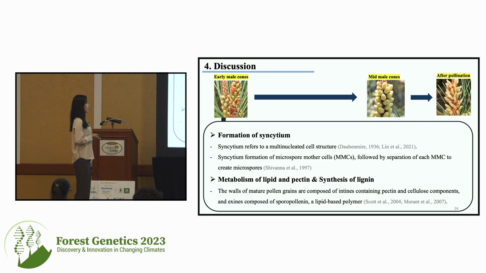And in fact, the walls of mature pollen grains are composed of intine containing pectin and cellulose components, and exine composed of sporopollenin, a lipid-based polymer.